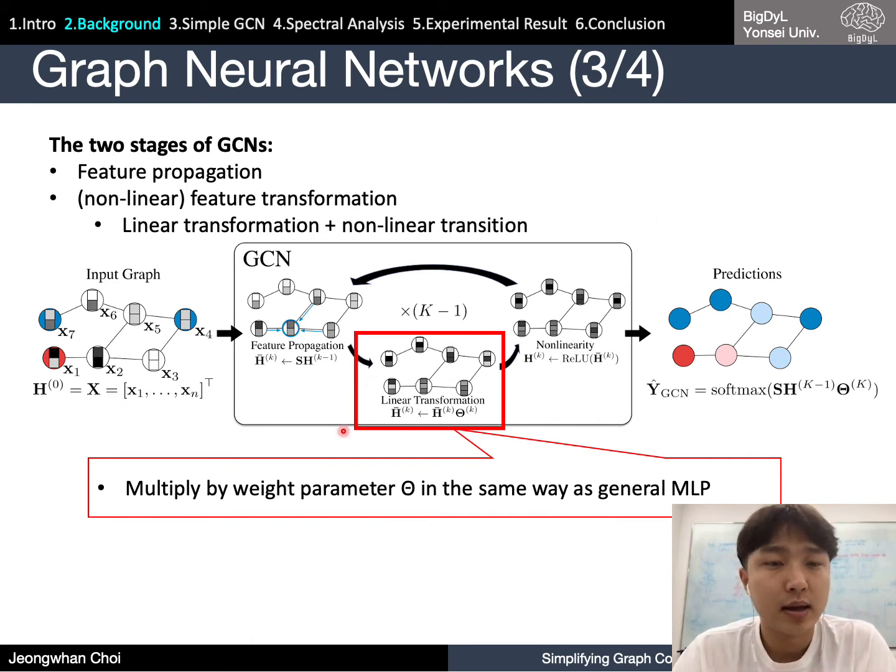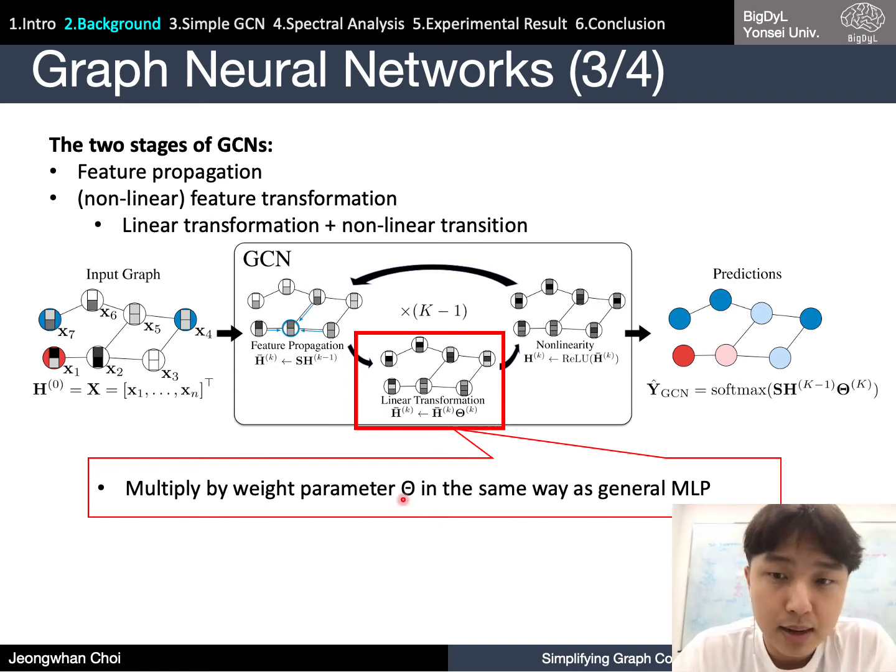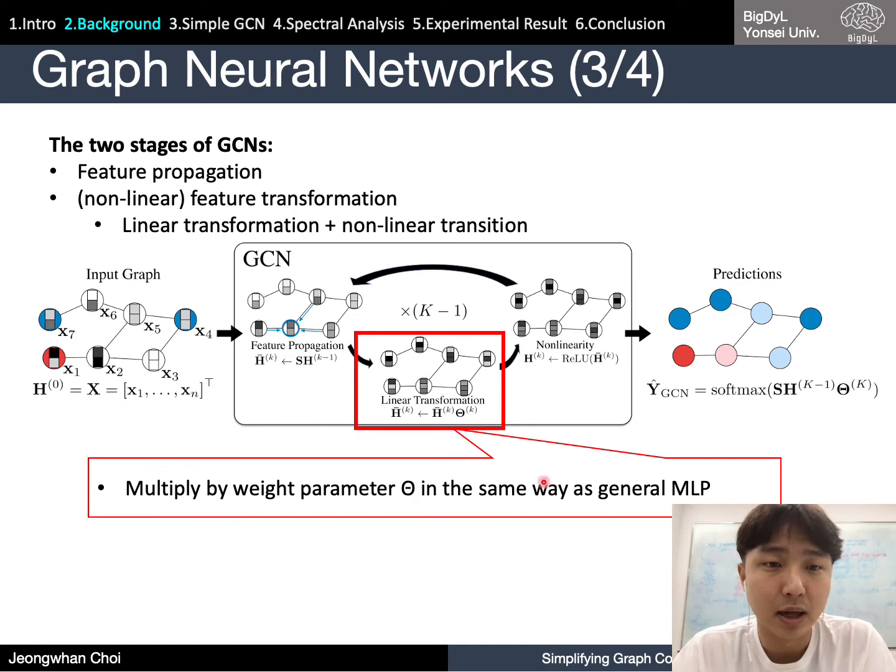Next, this red bounding box is the linear feature transformation. After the local smoothing, the GCN layer is identical to a standard multi-layer perceptron. Each layer is associated with a learned weight matrix, theta, and the smoothed hidden feature representations are transformed linearly.